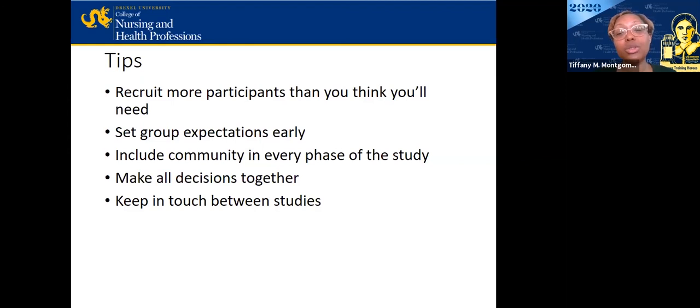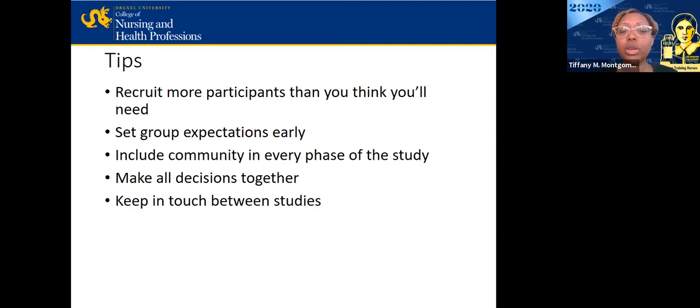For the research advisory board, only 7 showed up the first time. And for the focus group, only 5 showed up out of the 8. So you want to over recruit, because you never know if everybody will show up or not. You don't want a number that's too high though, because it's fairly difficult to hold any type of focus group or meeting, particularly when you're recording, when you have more than about 6 to 8 people.